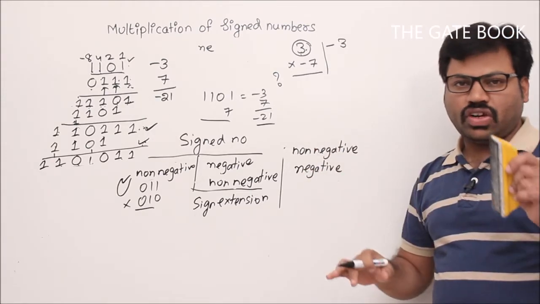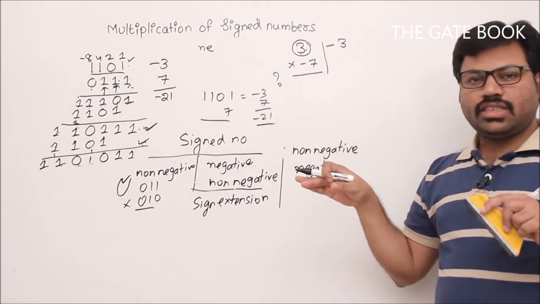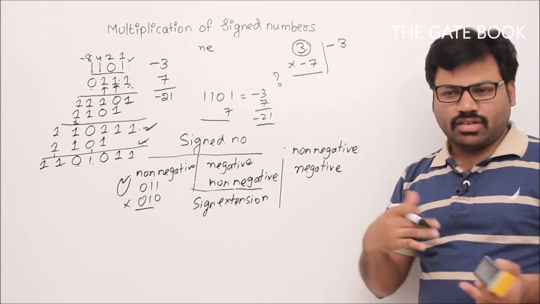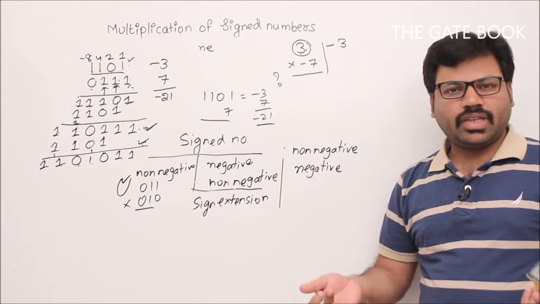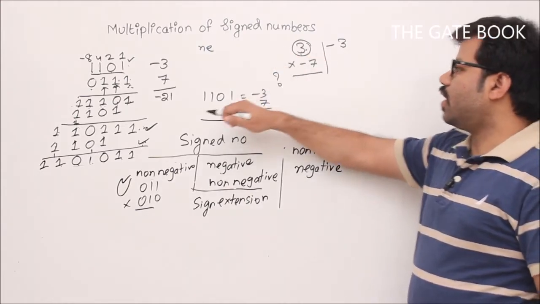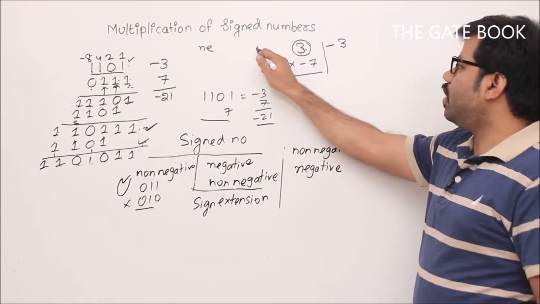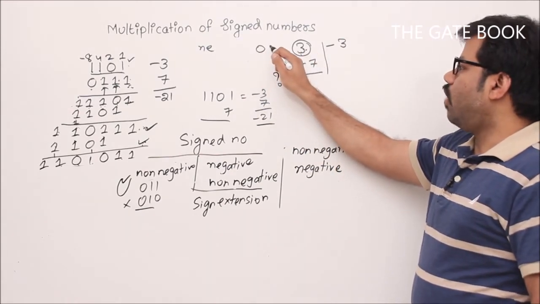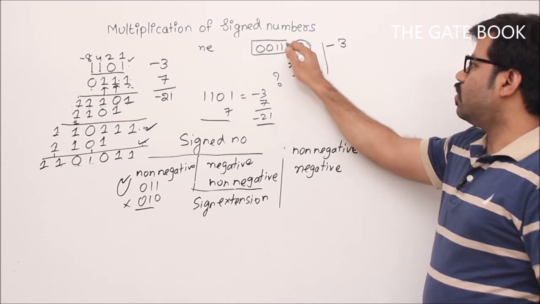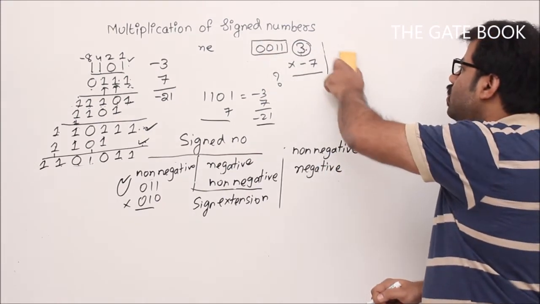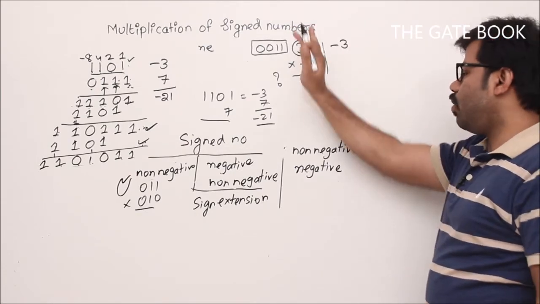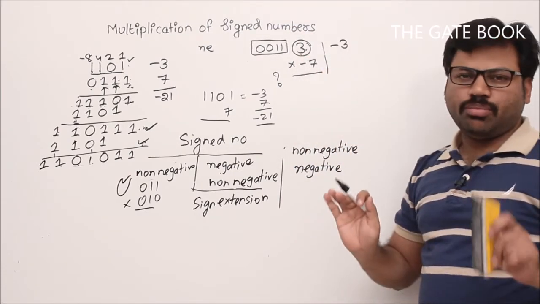One thing you remember: this entire story I am teaching is for 2's complement representation. When you have signed numbers, we represent them in 2's complement. If I am taking 4 bits, 3 is 0 0 1 1. I will tell you how to take minus 3, but forget about patterns first and come to simple numbers.